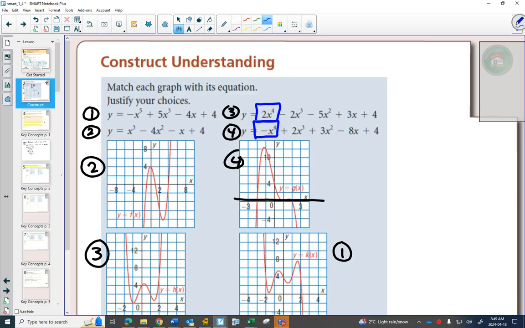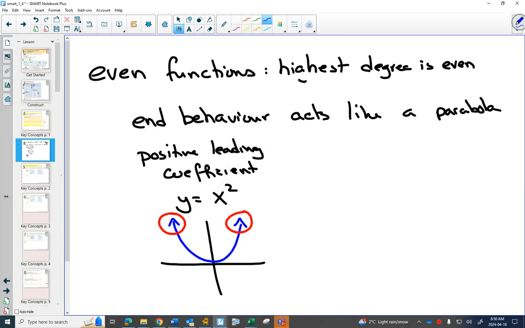If I circle where the arrowheads would be, and we should add them on there, the way that the textbook graphs things is whenever it hits the end of the graph, it just cuts it off. You always have to add arrowheads to show that it keeps on going. But if I circle those two arrowheads, do you see how they match up exactly like a parabola's arrowheads, both going up?